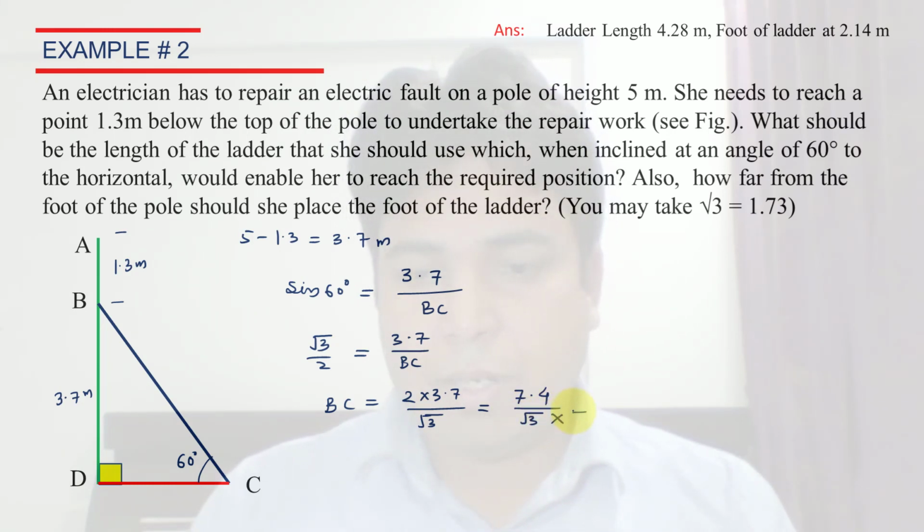If we multiply by root 3 in both numerator and denominator, we will get 7.4 into root 3 upon 3.